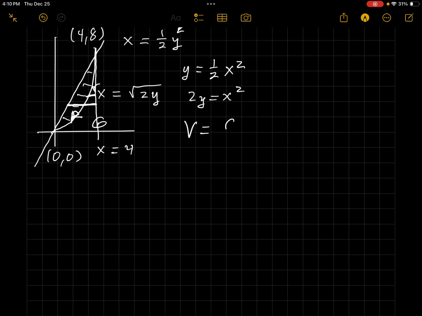The volume will be big volumes, dy, because the width of a cross-section is dy, minus the smaller volumes. And now that everything is in terms of y, our limits should be in terms of y as well.